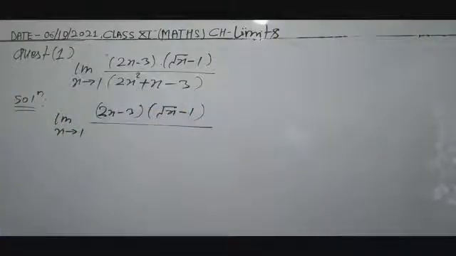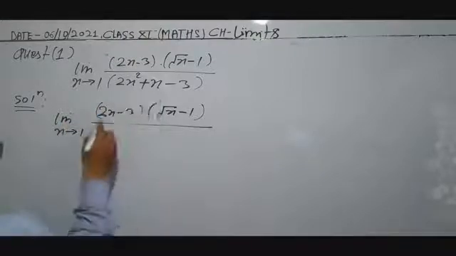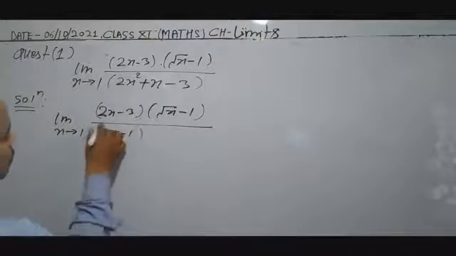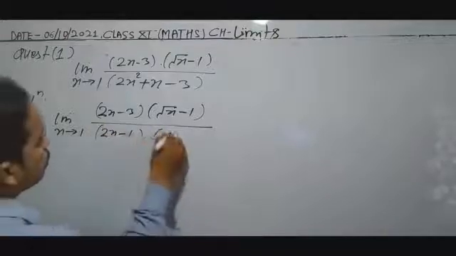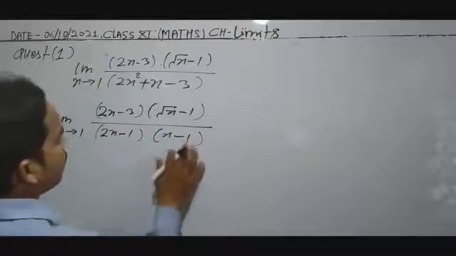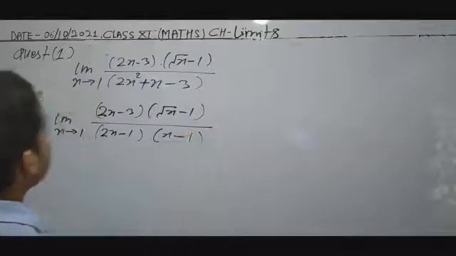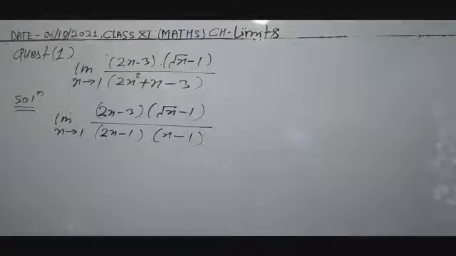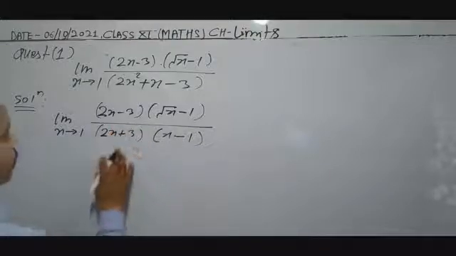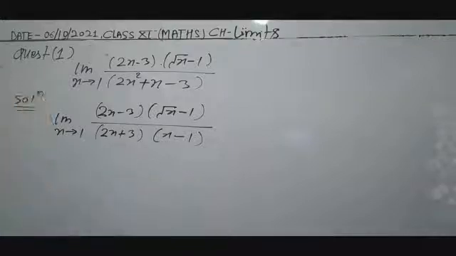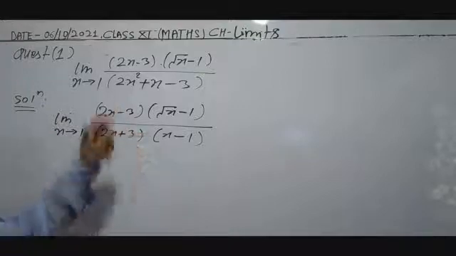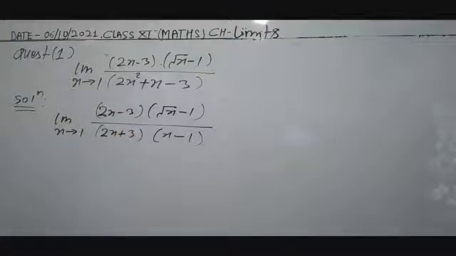So 3 to 6, so the factors will be (2x plus 3) and (x minus 1). Check: this is 2x square minus 2x plus 3x, result is x, and now minus 3.